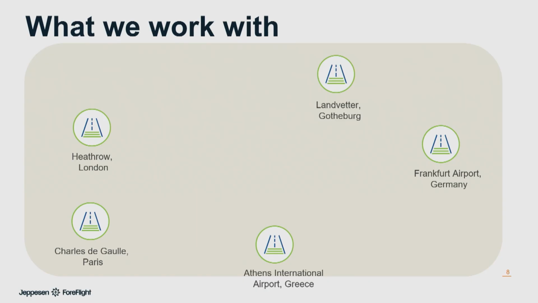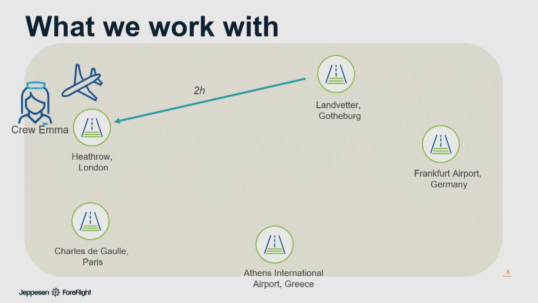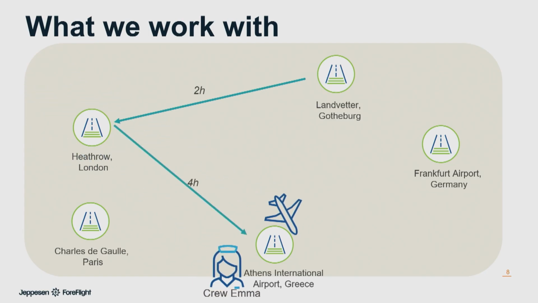And a small example of this could be seen here. So we have a couple of airports we would like to visit. We have a crew Emma and a tail. So first off, Emma makes her way over to London before continuing on and going to Greece. Arriving at Greece, Emma has worked her scheduled time, so she needs a rest.